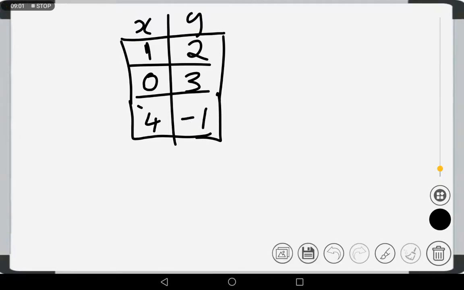If you get a table like this, you can use any two coordinates and link them. You will still get the equation y equals negative x plus c.